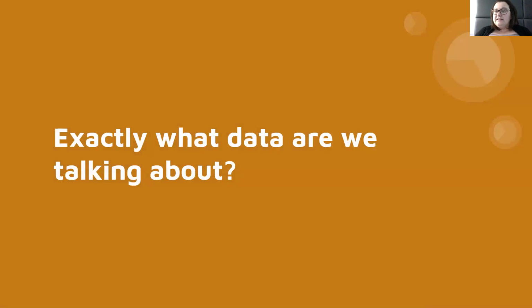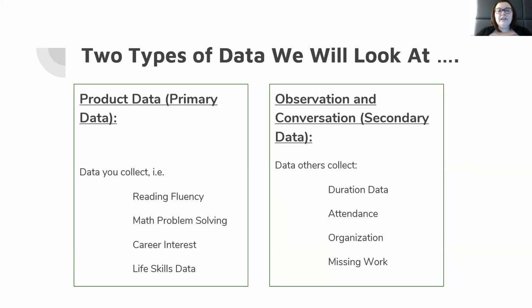So exactly what kind of data are we talking about? When we're in education, there are two types of data that we really should look at in special education in general. We have our product data, which is our primary data, and we have our observation and conversation secondary data. So the data that I want to talk about first for all of our students is the primary data. So that's the data that we collect based on product.